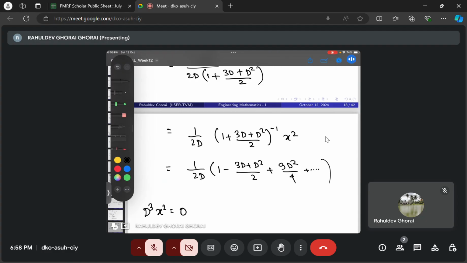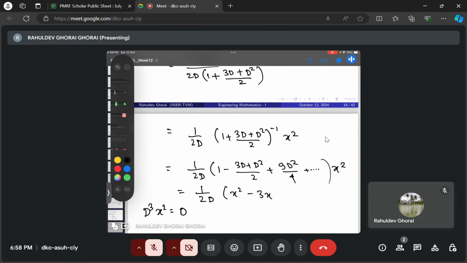So that's why I don't take all the other terms in the expansion, because those involve d cube and then it will be 0. Okay, so it will be 1 over 2d times x square minus 3 over 2 times d of x square, which will be 2x, which is nothing but 3x.